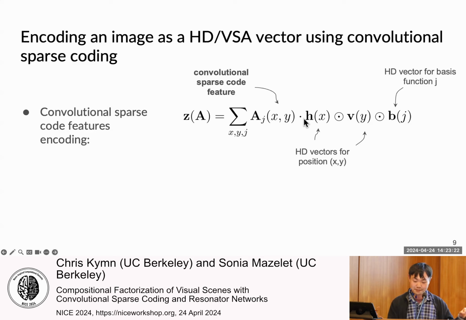We're going to multiply that by this vector, which is composed of the bindings of 3 vectors. In this case, it's a random vector for the basis function J, which is the convolutional feature channel that corresponds to this element, and then the position vectors for X and Y based on some additional random seed vectors H and V.